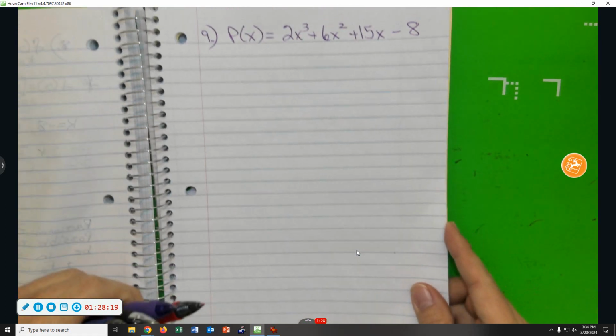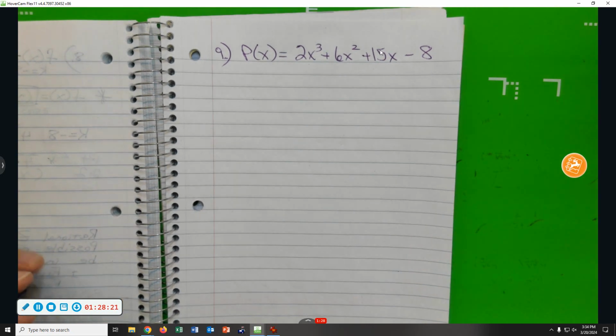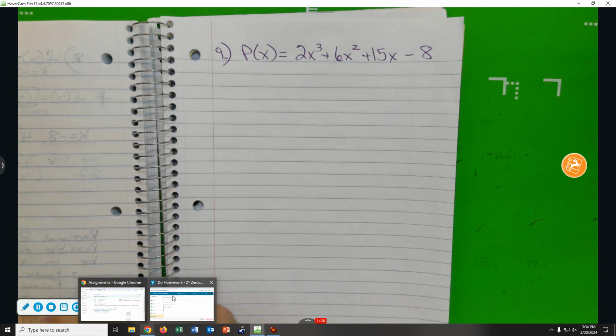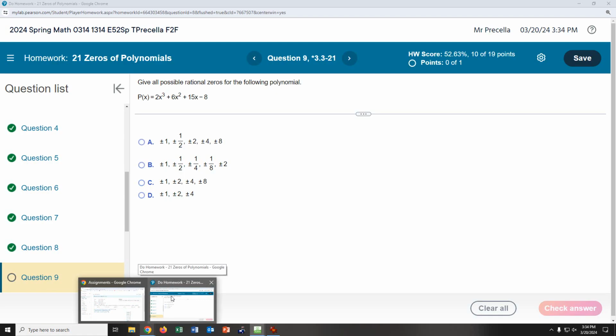Okay, let's look back at the problem, make sure I wrote it down correctly. Let's study those instructions. Find all possible rational zeros for the following polynomial. The words 'possible rational zeros' are what trigger you to use the rational zeros theorem.